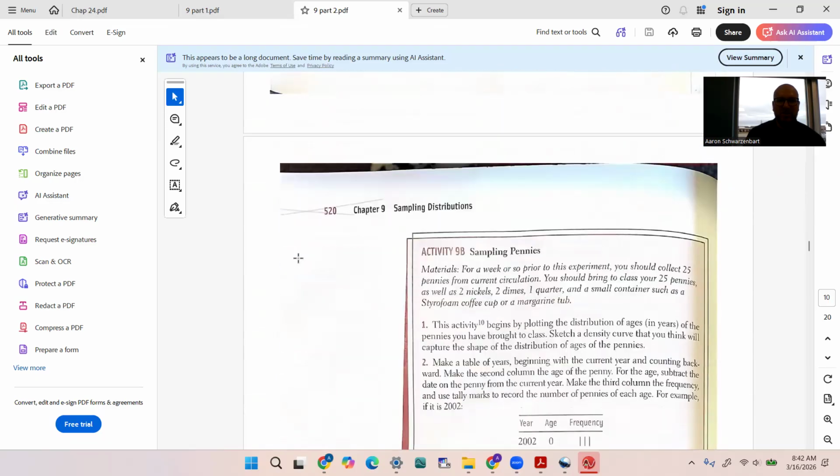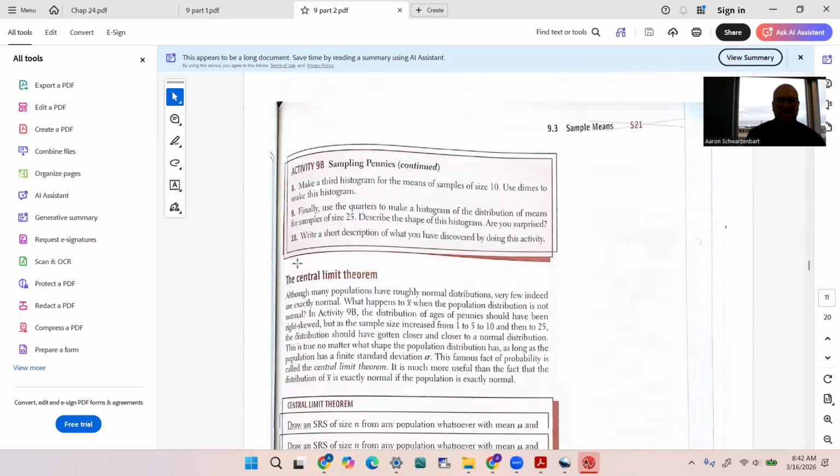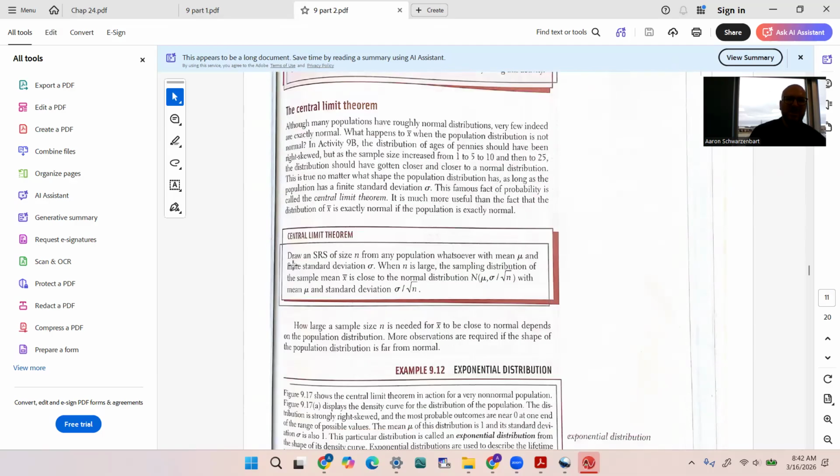So, the central limit theorem, you need to know this by name. So I would get this in your notes.